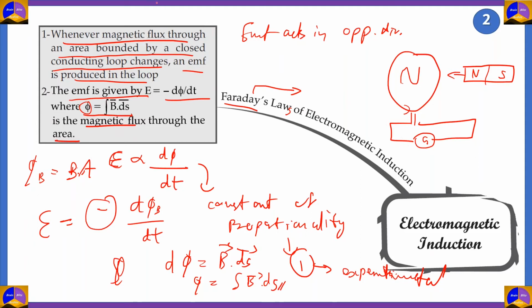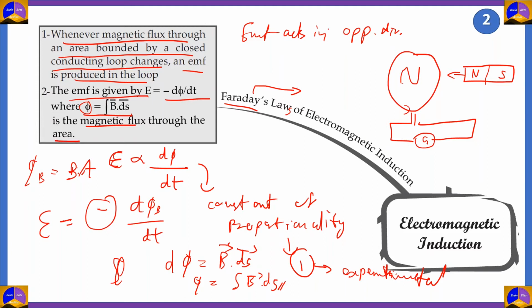So once again, in a closed conducting loop, whenever magnetic flux through the area of the loop changes due to an external magnet or magnetic field, an EMF is produced in the loop, which also means that there is current induced. And secondly, the EMF which is produced is given by E is equal to minus d phi by dt, because since E is proportional to the change in flux and its constant of proportionality is 1, E must be equal to d phi by dt.